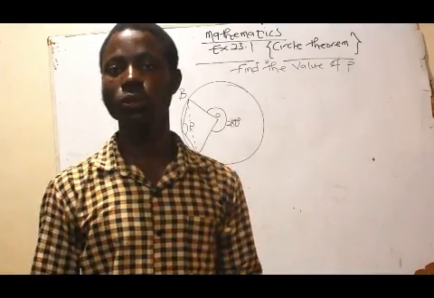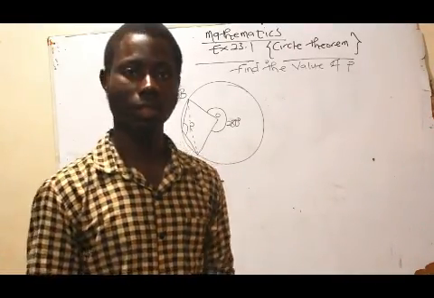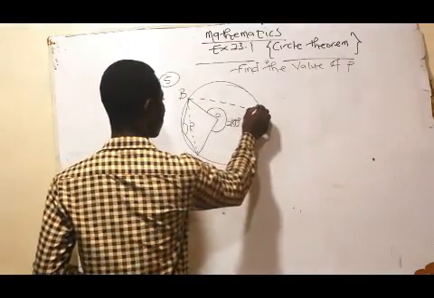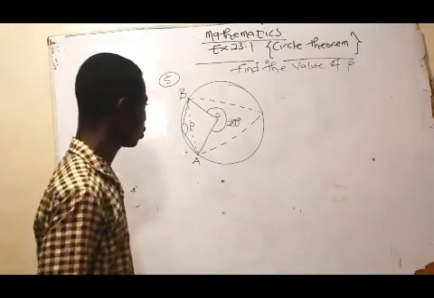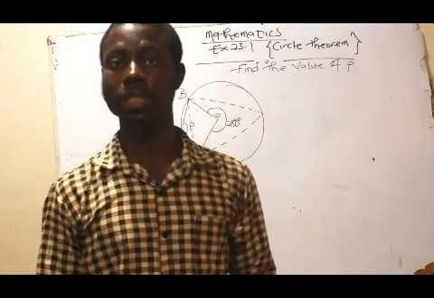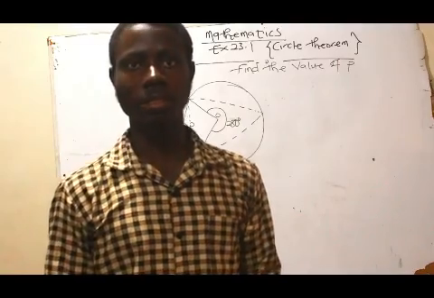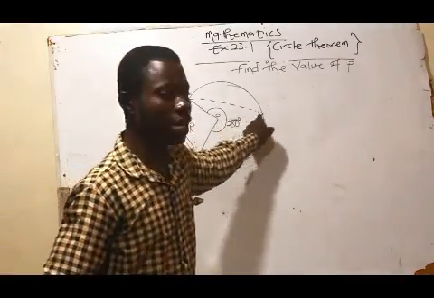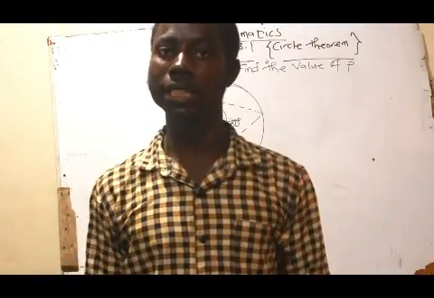Let us also assume that the same chord subtends an angle at the circumference of the circle. And we can say that the angle P we have here, when summed up with this angle, should be equal to 180 degrees. Now how do we get that angle?